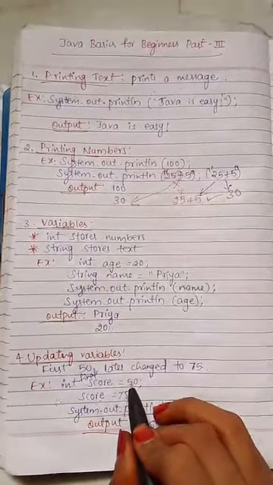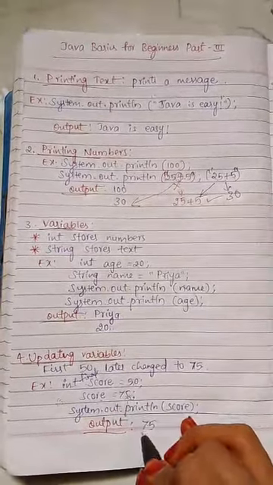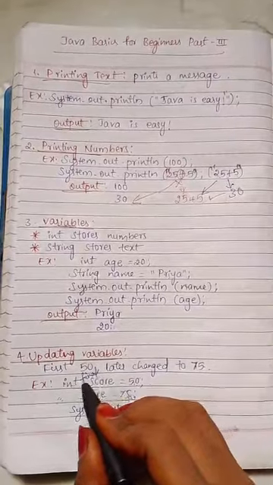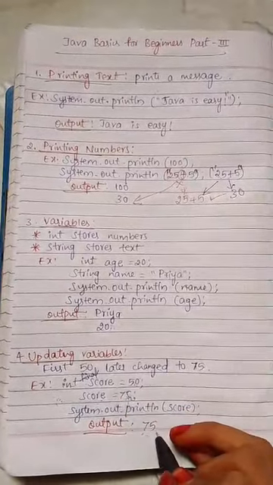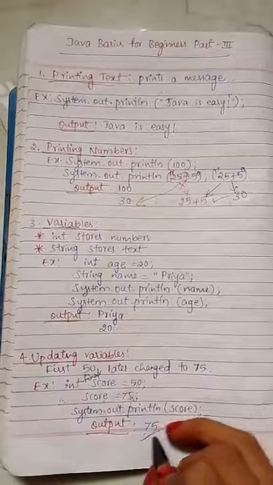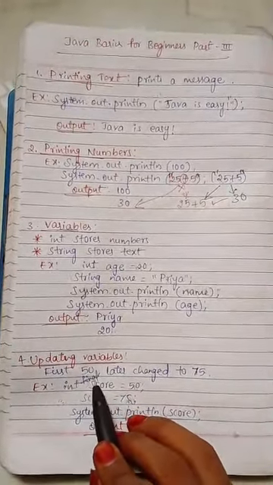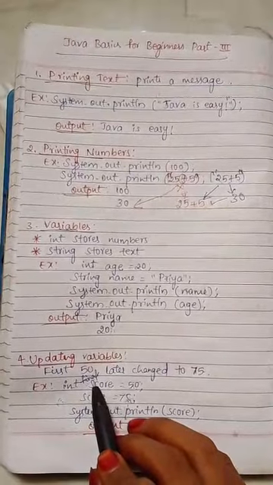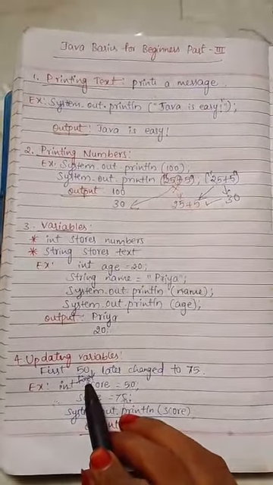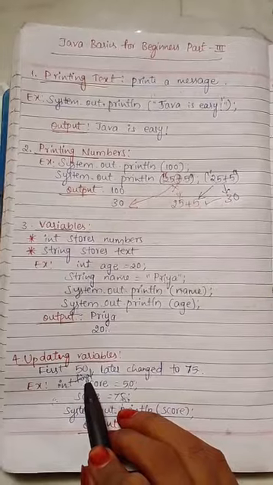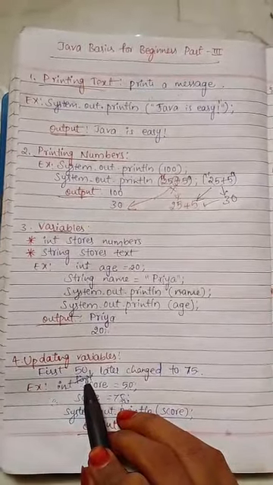That's why it will give the output as 50. If I don't use any final keyword, the value will be 75 only. Got it? Here you have to be very careful. Final keyword is there or not, you have to check twice.